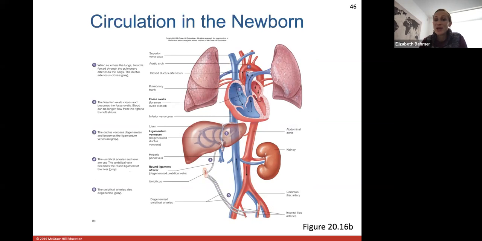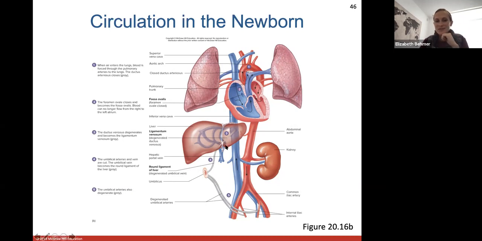And then what happens when air enters the lung? Blood is forced through the pulmonary arteries to the lungs. So the ductus arteriosus closes, and usually you can still see a remnant of the ductus arteriosus as a little piece of tissue in a cadaver. Normally it would be a hole there, but now in us, it'll just be a remnant. The foramen ovale closes, so blood can no longer flow from the right to the left atrium.